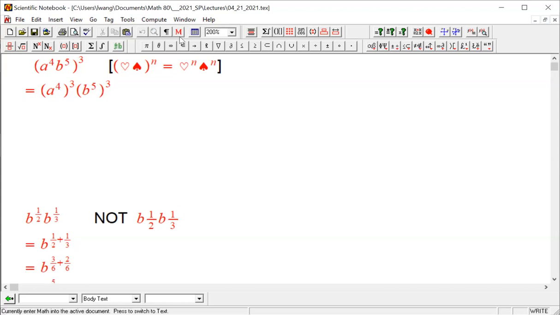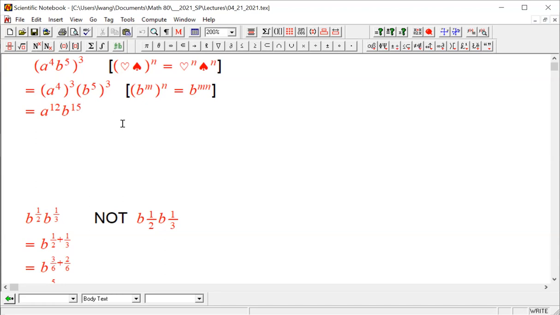And next, we get to apply what property? b raised to the power m, and then raised to the power of n, equals b raised to the power of m times n. So now we can get a raised to the power of 12, b raised to the power of 15.